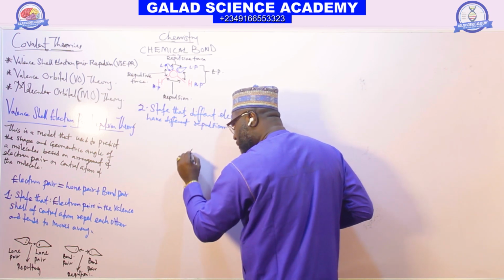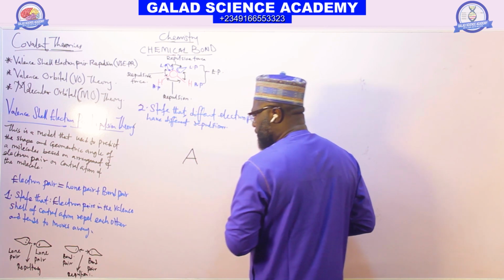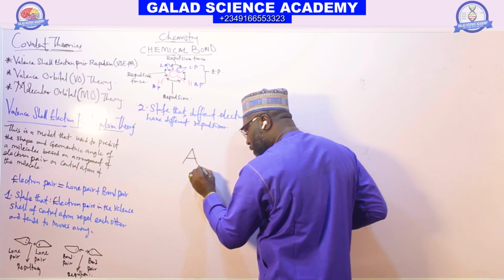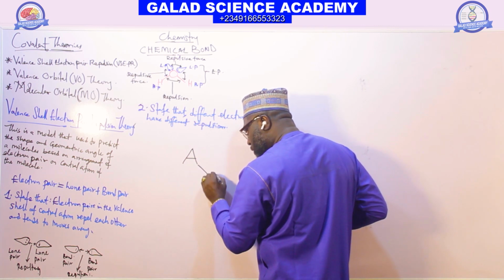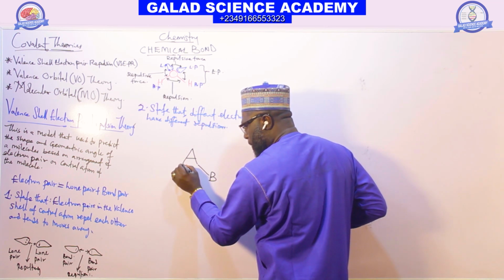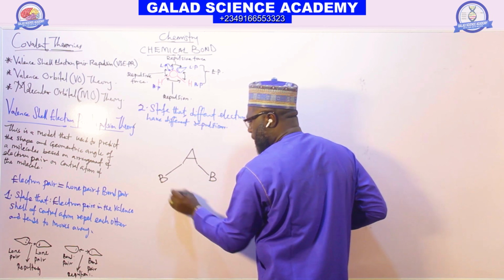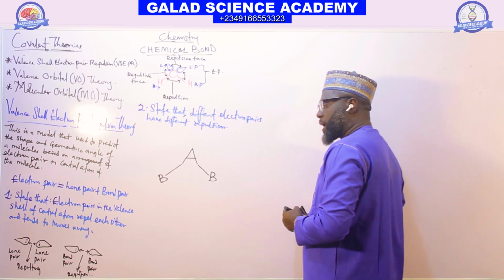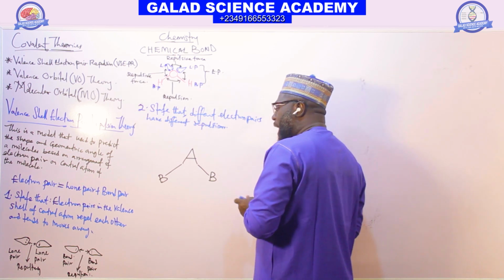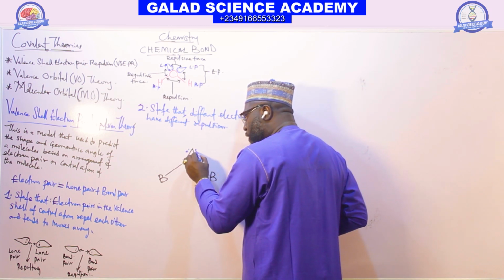We have A as the central atom. This A is bonded with B, and A bonded with B again. And this A has two lone pairs of electrons.